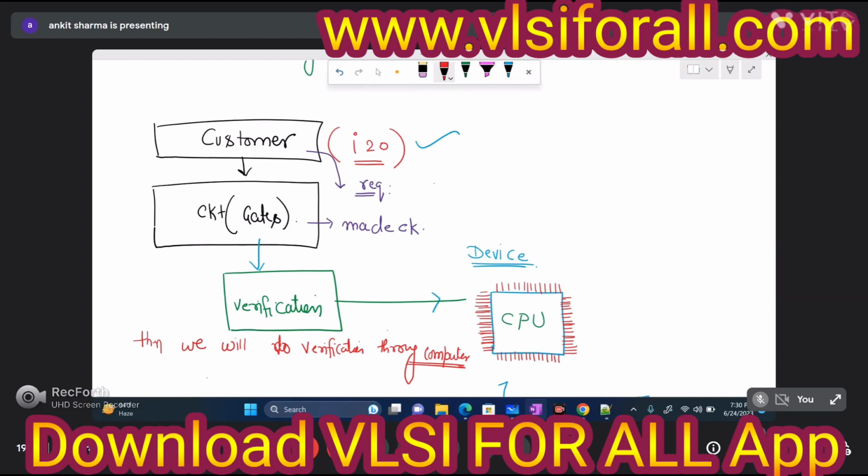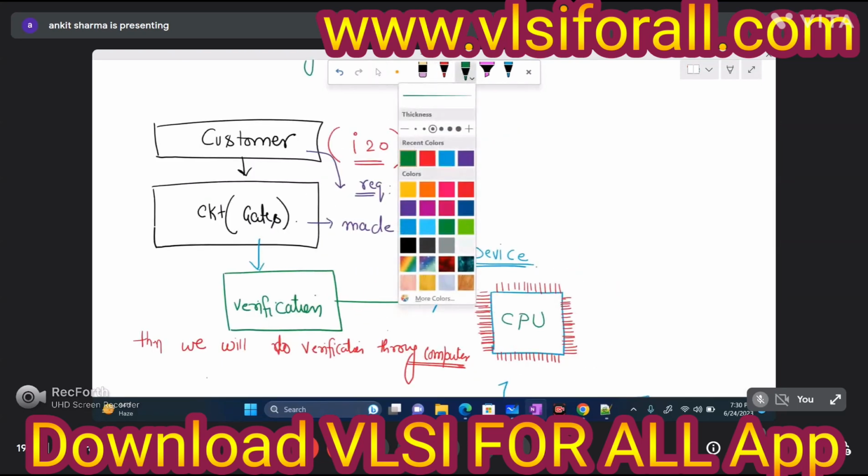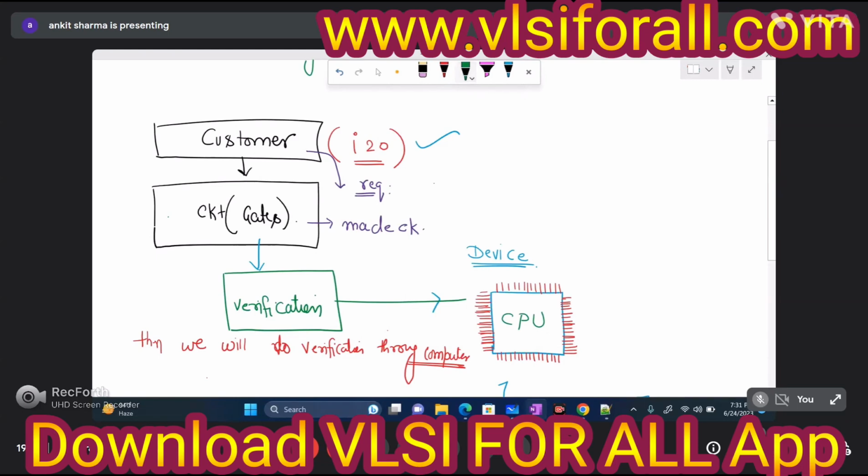Now how will you do validation from a computer? Try to understand. You make a half adder circuit, okay? A half adder, or let us suppose you made a not gate. Sorry, let's suppose the circuit like that I made.